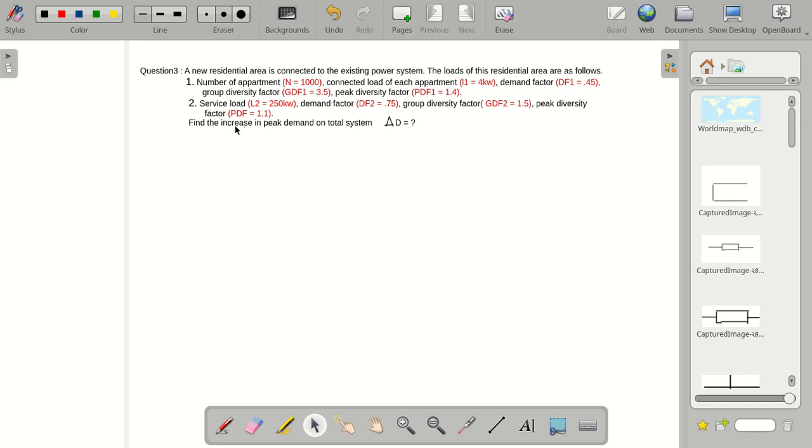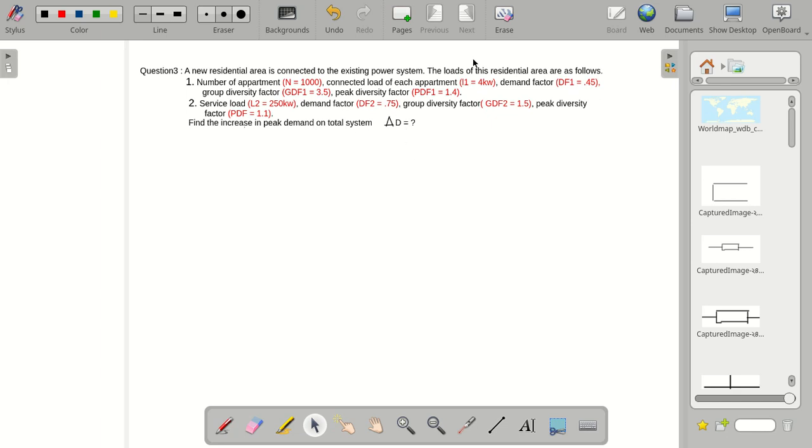So we have to find out how this new load affects the peak demand of the total system. So we have to find out the delta D, which is the deviation of peak demand of the total system.